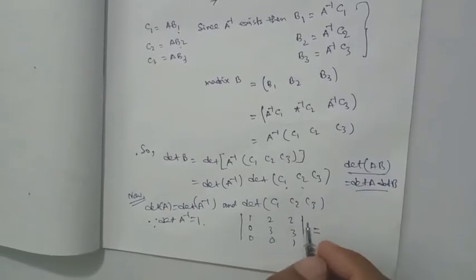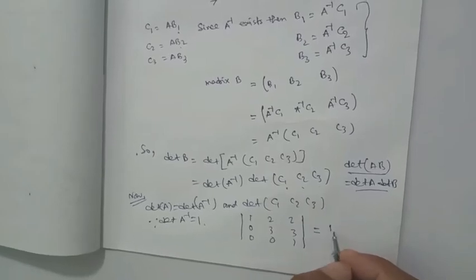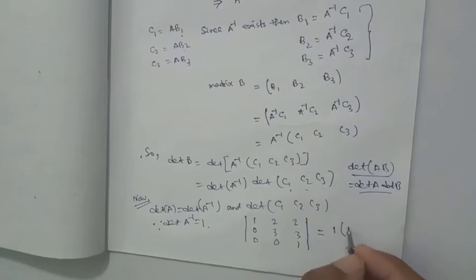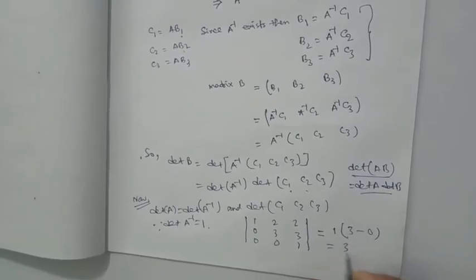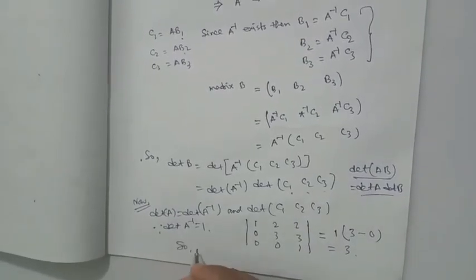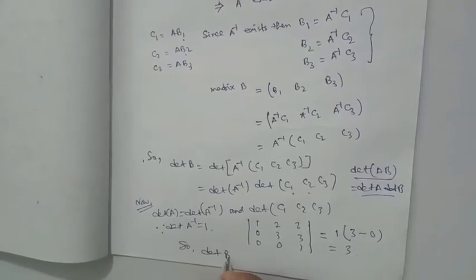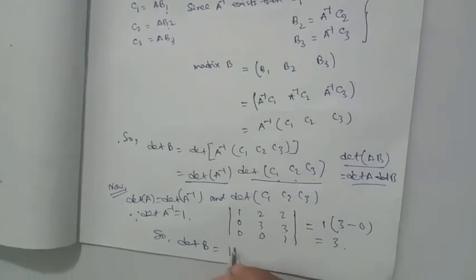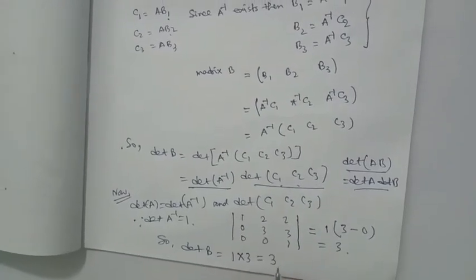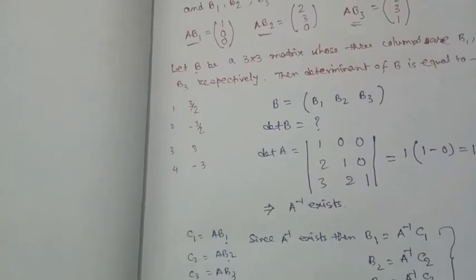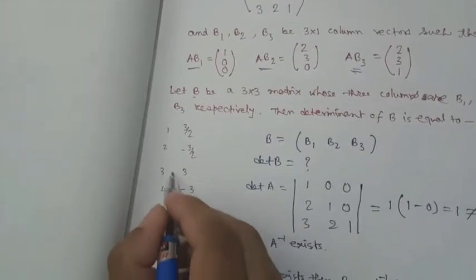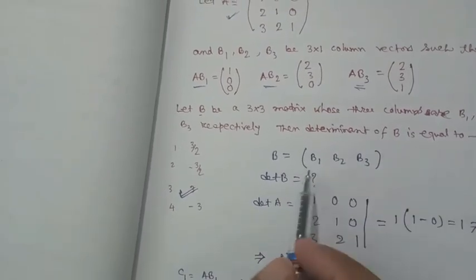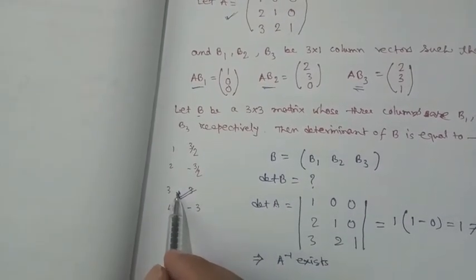Expanding by the first column, we get 1 into 3 minus 0, that is 3. So determinant B equals determinant A inverse into the determinant of this matrix, that is 1 into 3 equals 3. So friends, the answer is option number 3, that is 3 is the correct answer.